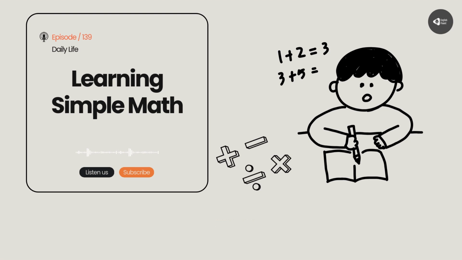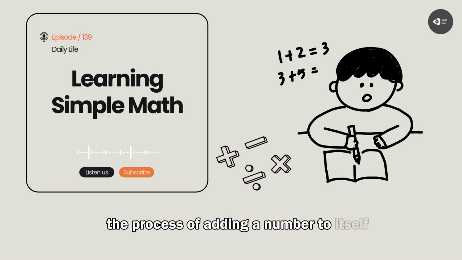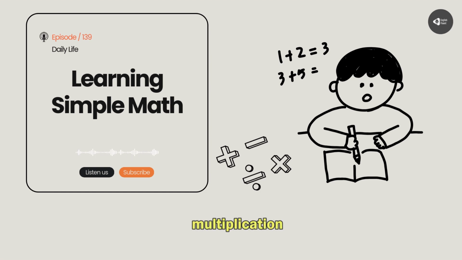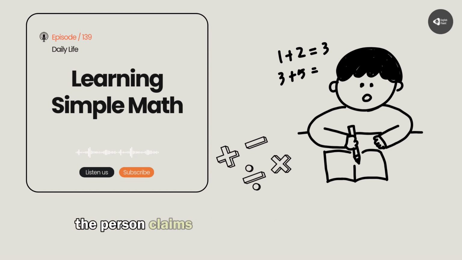Go over what has been learned. Review. Add. Plus. I think something is likely to happen. I'll bet. The process of adding a number to itself a certain number of times. Multiplication. The person claims or pretends to know everything. Know it all. A person who always tries to make the teacher or boss like him or her. Suck up.